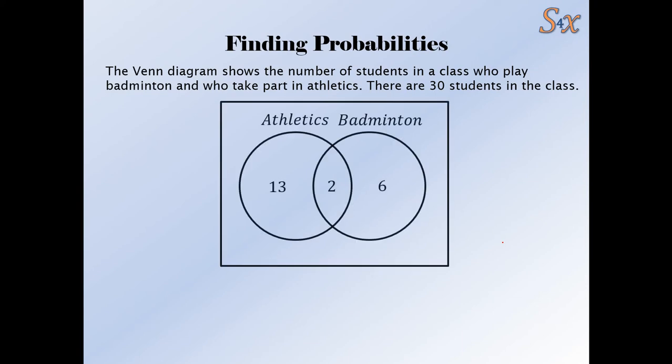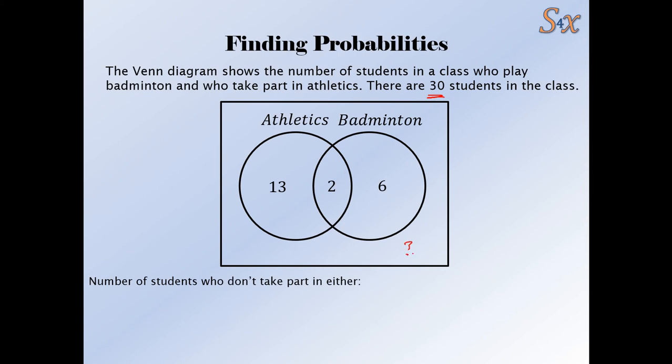So here's another style of question. Instead of giving you a probability, I've just given actual numbers of people this time. And we're going to find a few things. So we've got the number of people who do athletics, the number of people who play badminton. Some do both, and there's 30 students altogether. Okay. So we want the number of students who don't take part in either.